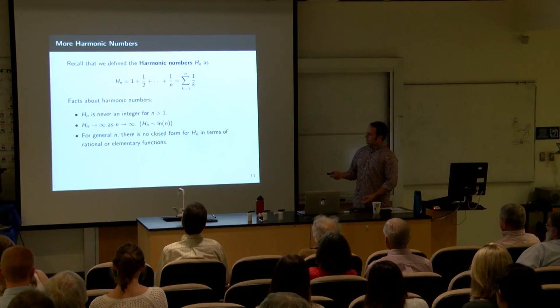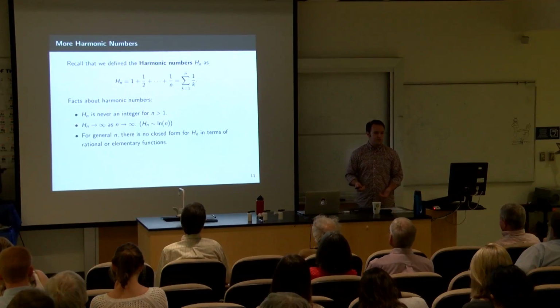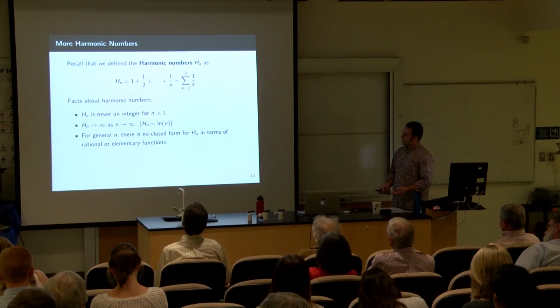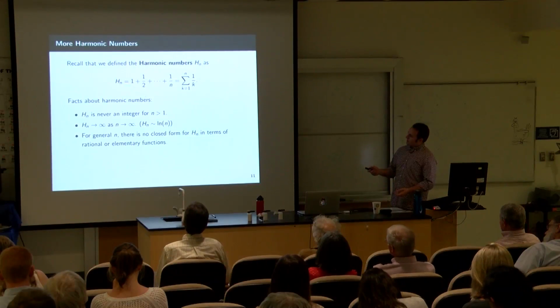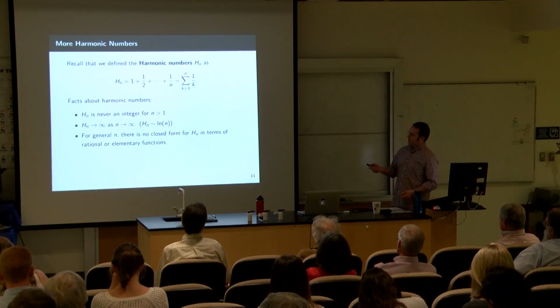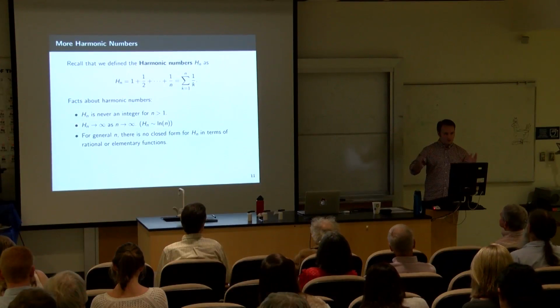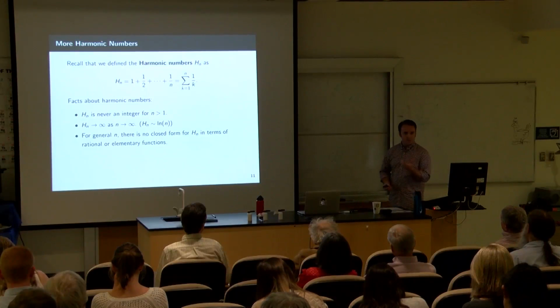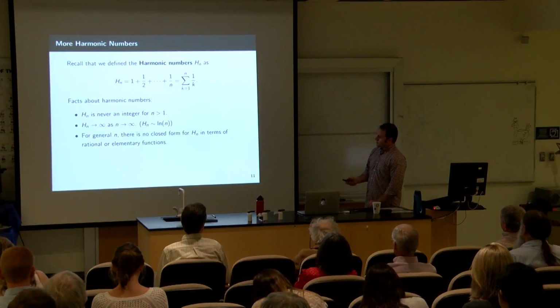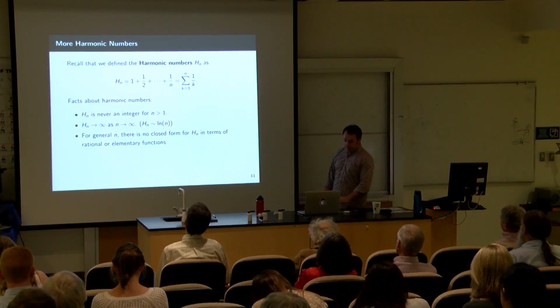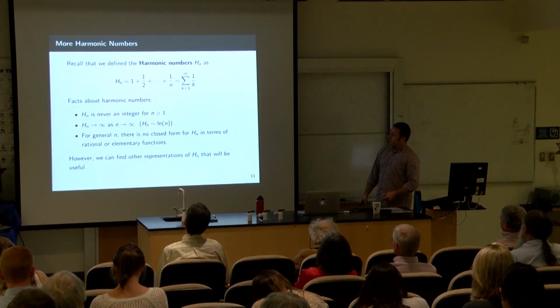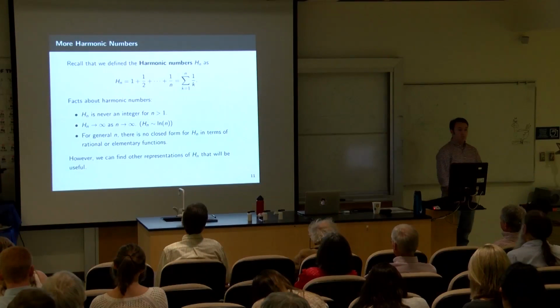You can't write it as a rational function, or in terms of elementary functions. You have a closed form, I guess you could call it, as a sum, but that's not really satisfying because as n gets large, you have to add up more and more terms. It's compact, but it's not simple. So there's no closed form for these numbers. But we can find representations of the harmonic numbers that will be useful.